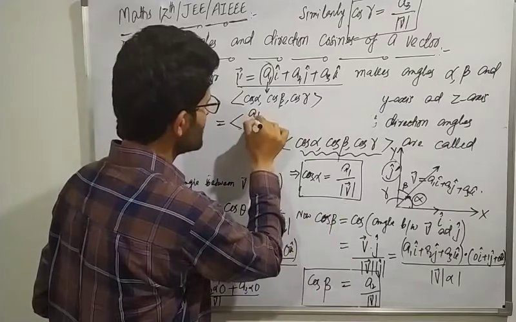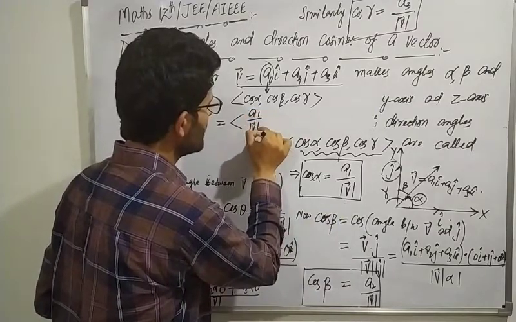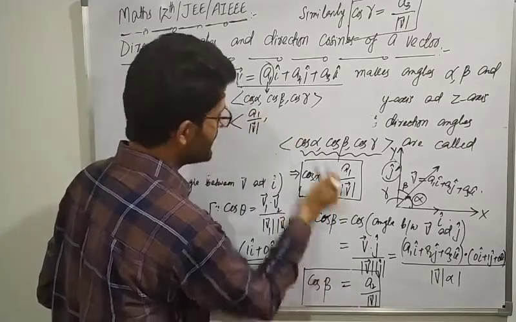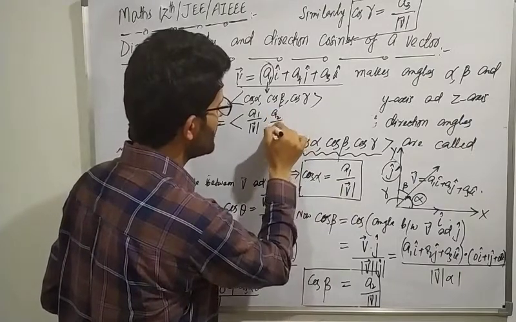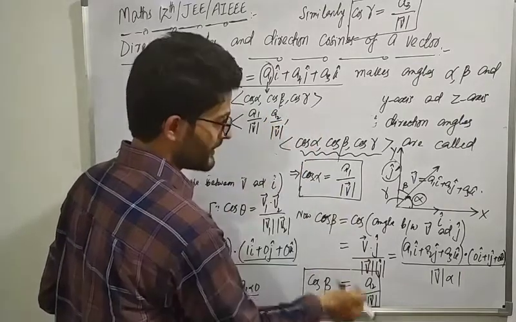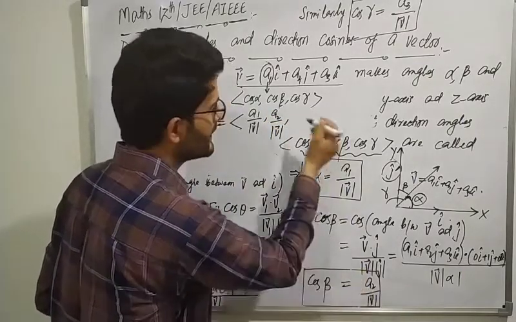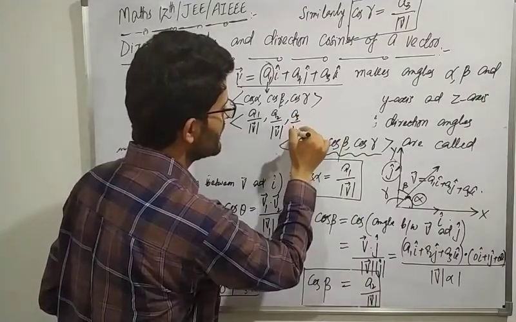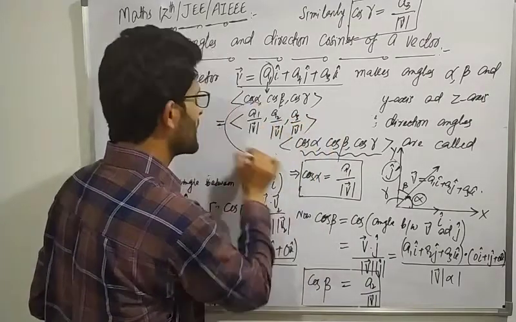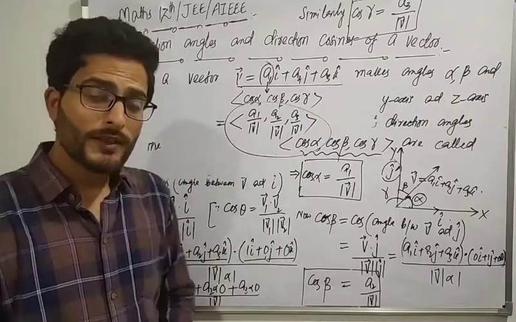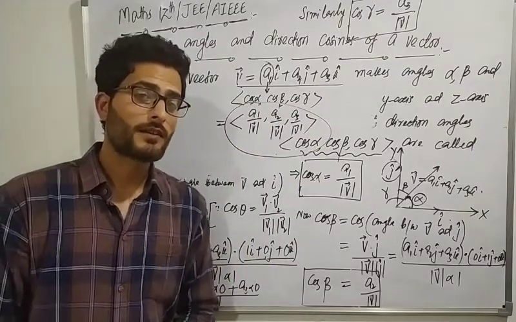So first direction cosine must be a1 by mod v. Second direction cosine must be a2 by mod v, and third direction cosine must be a3 by mod v. Ordered three tuple of this thing would give you the direction cosines of a vector.